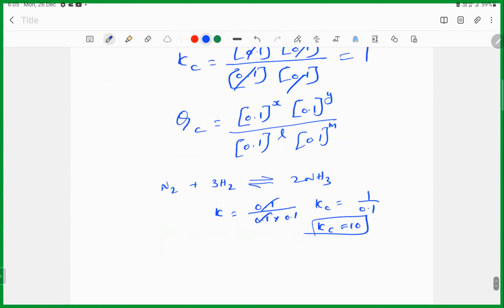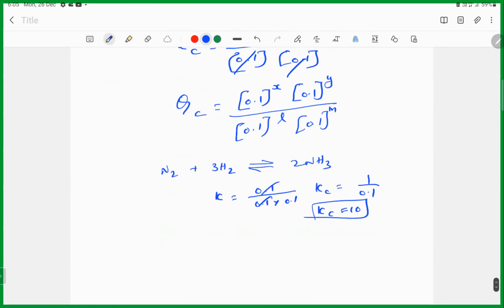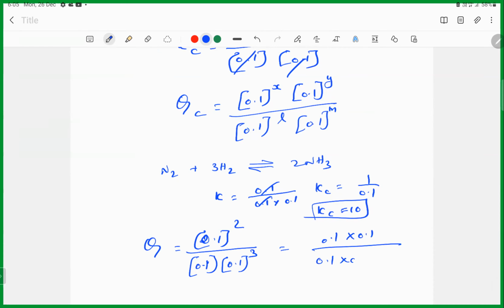Okay. Correct? Now you calculate Q, the reaction quotient. Then what will come? 0.1 power square divided by 0.1 and then 0.1 power 3. Am I right? Then it becomes 0.1 into 0.1 divided by 0.1, 0.1, 0.1, 0.1.